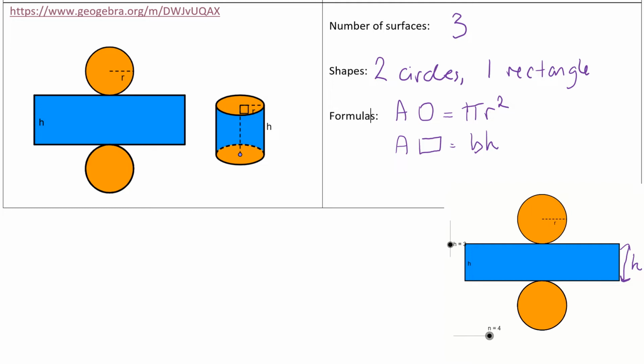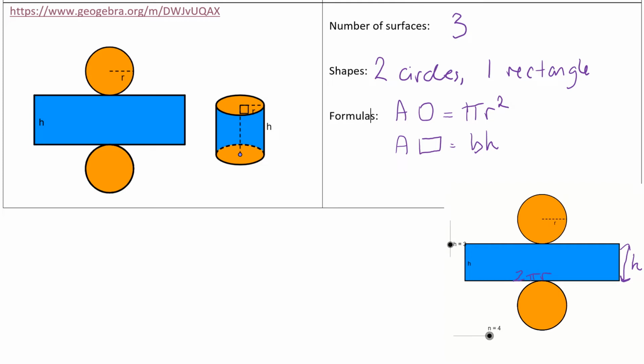Now the base of your rectangle from here across is given by the circumference of your circle. Because when this folds onto the circle, it wraps around the circle, making the base of your rectangle the circumference of your circle, which is given by 2 pi r.